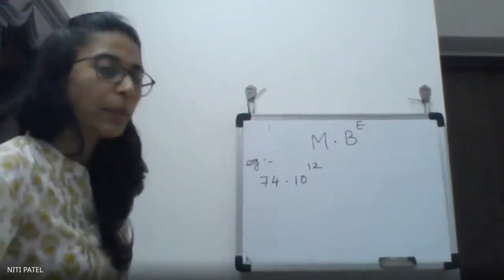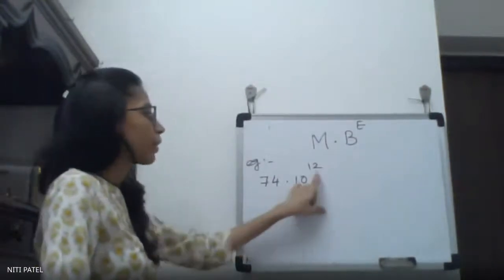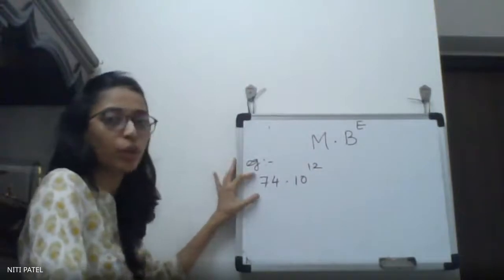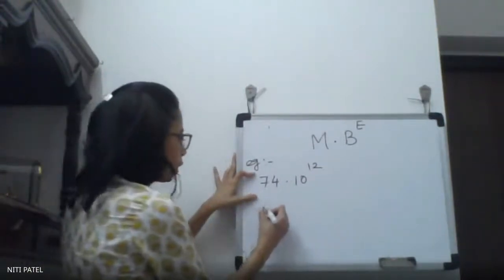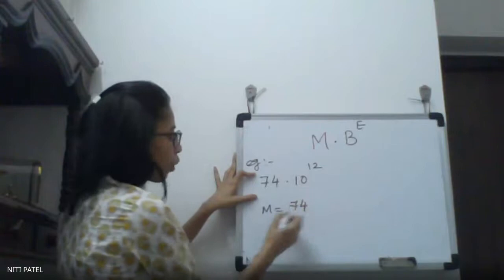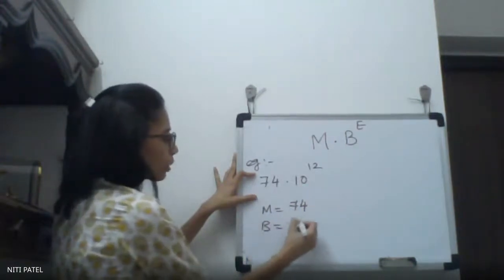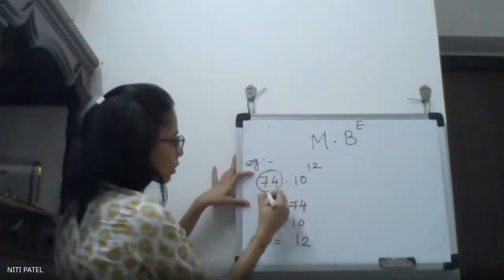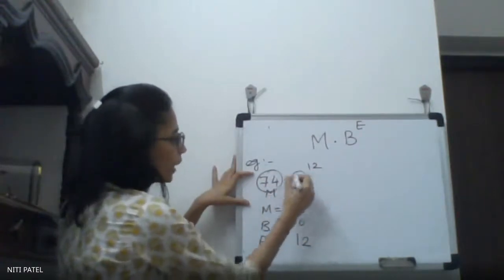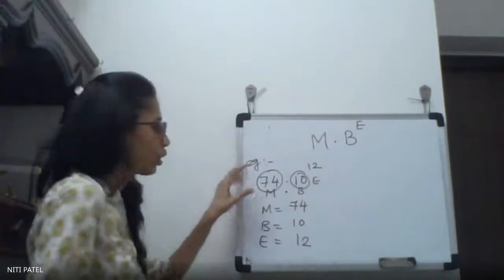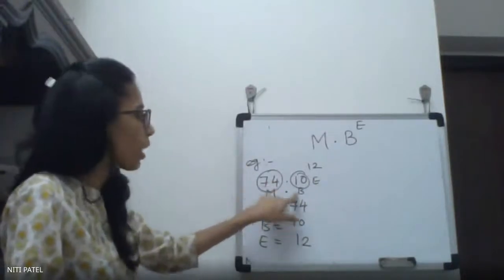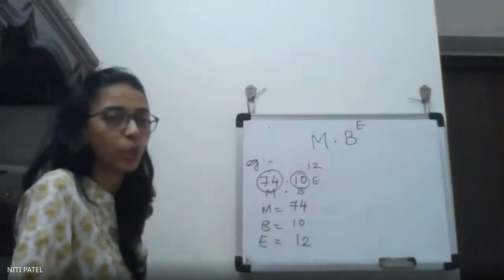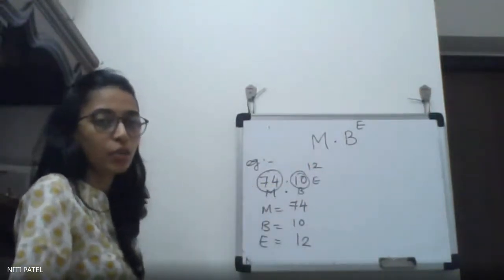So if a number is given as 74 into 10 raised to 12, how do you represent it in a floating point number? You write mantissa as 74, base is equal to 10 and exponent is equal to 12. Why? Because this is your m into b raised to e. Is this understood?